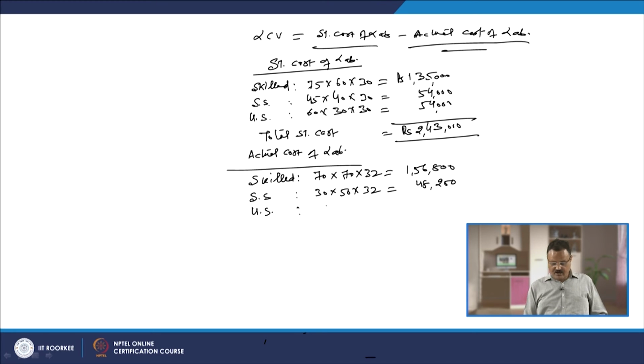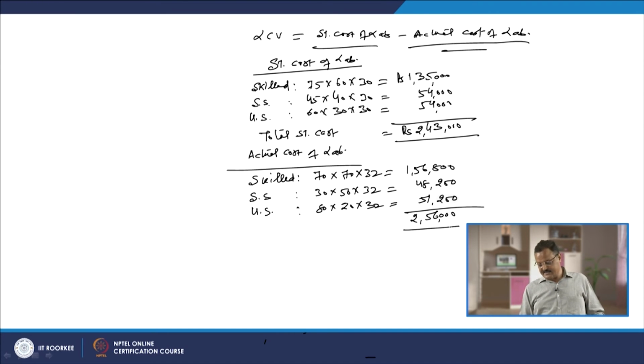And third one is how much? 80 into 20 into 32 and this will come up as 51,200. So actual cost of the labor is how much? 2,56,000.